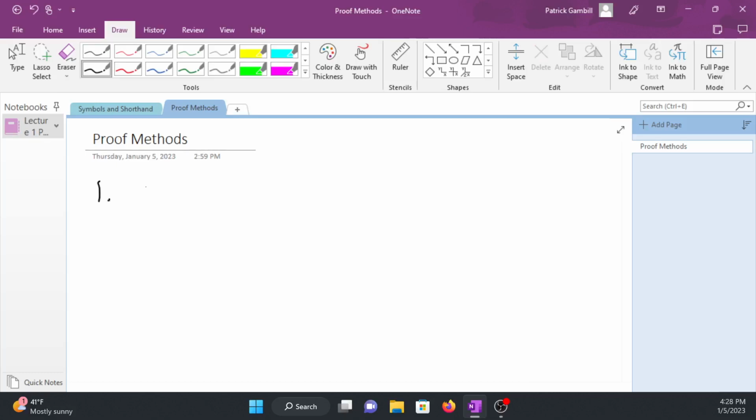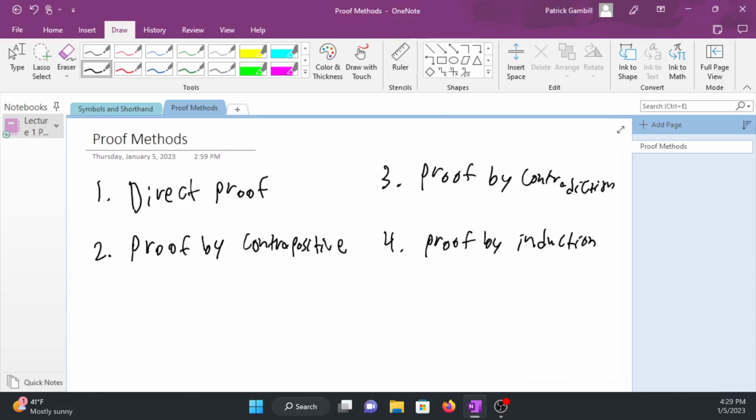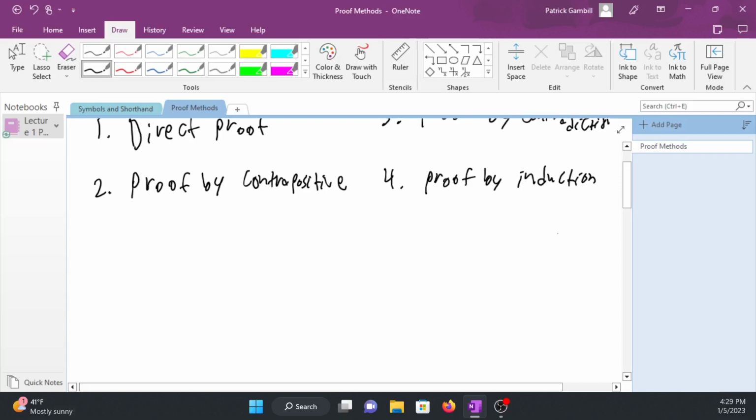You might have to use a combination of these for proving statements, but you might have a direct proof, a proof by contrapositive, a proof by contradiction, or a proof by induction. We'll go through, give you a quick definition of each one as a refresher, and then we'll do an example of each.